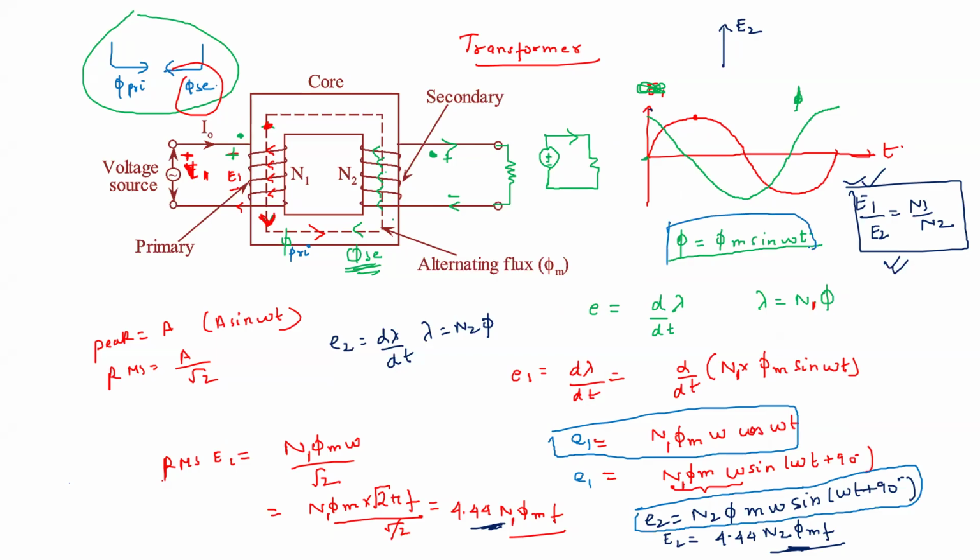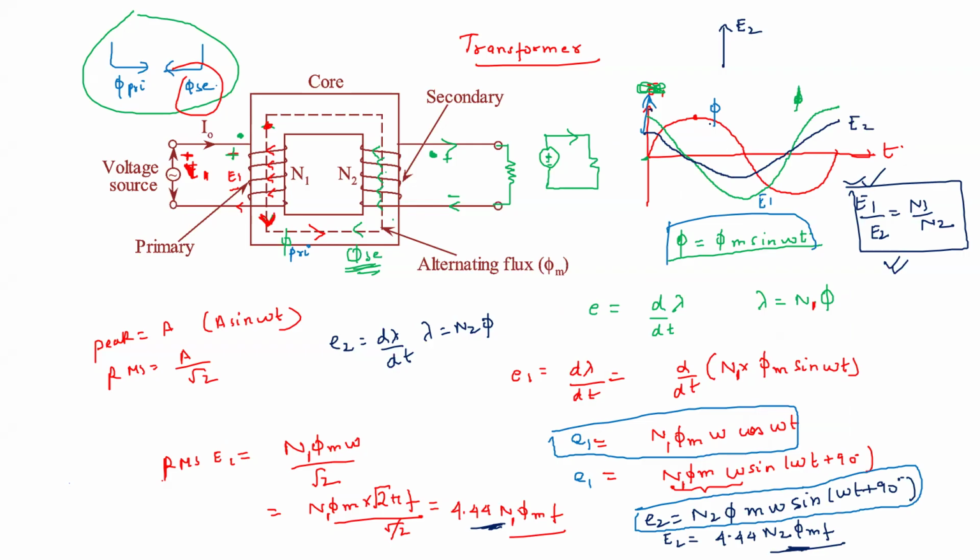Let us say that this is phi. This green one is E1. This dark blue one is E2. Nothing to worry about. Whatever I have obtained, like E1, E2, phi in terms of sine and cos, I'm just drawing that.